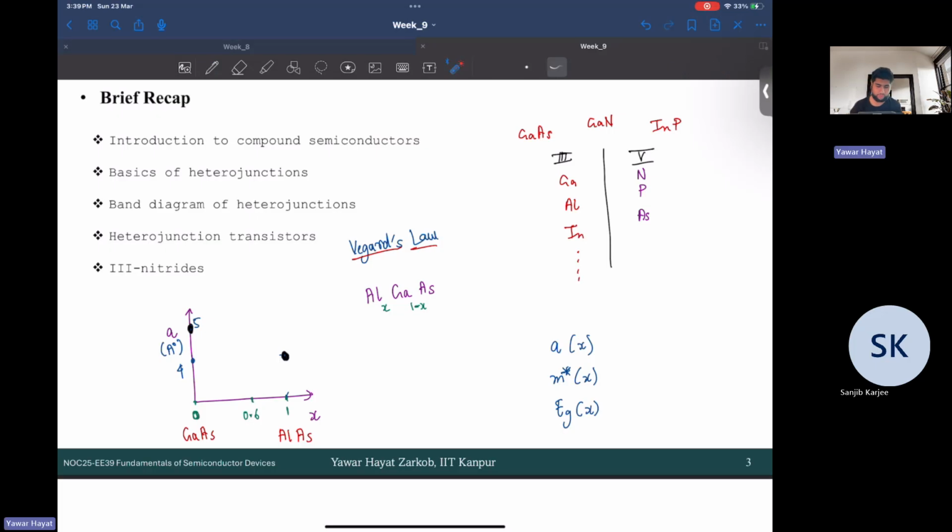Intuitively you will say that it will fall somewhere between 5 and 4. But say I tell you, tell me the exact value. What would the value of the lattice constant be? So there is an empirical law that helps us in determining that. That is Vegard's law. So what Vegard's law states is the following.